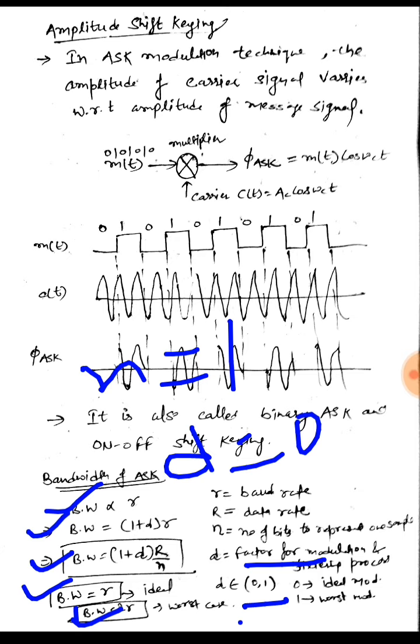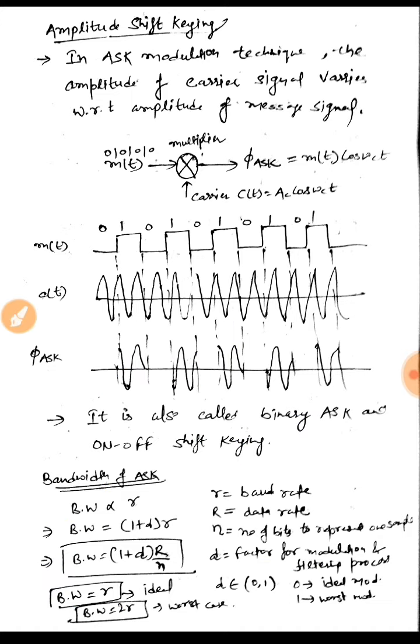The bandwidth is double the ideal case, so it is the worst case. We need the bandwidth to be small, so that we can transmit all our information in a limited frequency range. So this is the bandwidth.